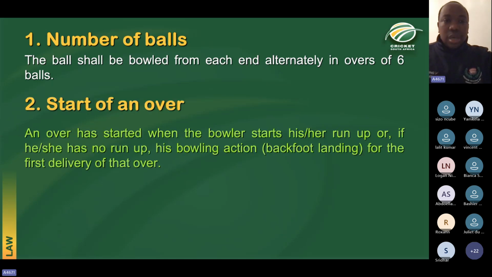When does an over start? An over has started when the bowler starts his or her run-up, or if he or she has no run-up, his or her bowling action, the back foot landing, constitutes the start of the over in the first delivery.